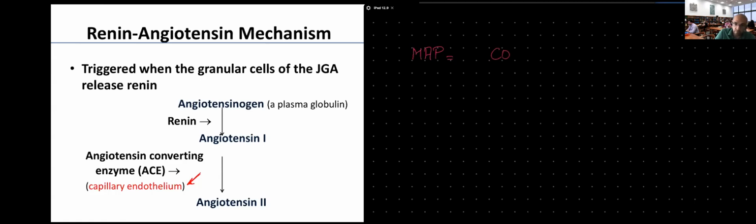Exactly, cardiac output. What else? Total peripheral resistance. And the third one is blood volume. Exactly, thank you.